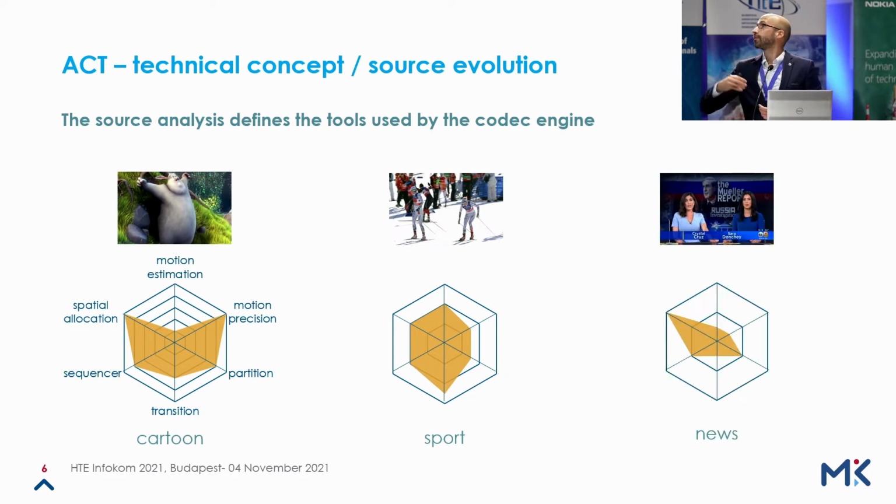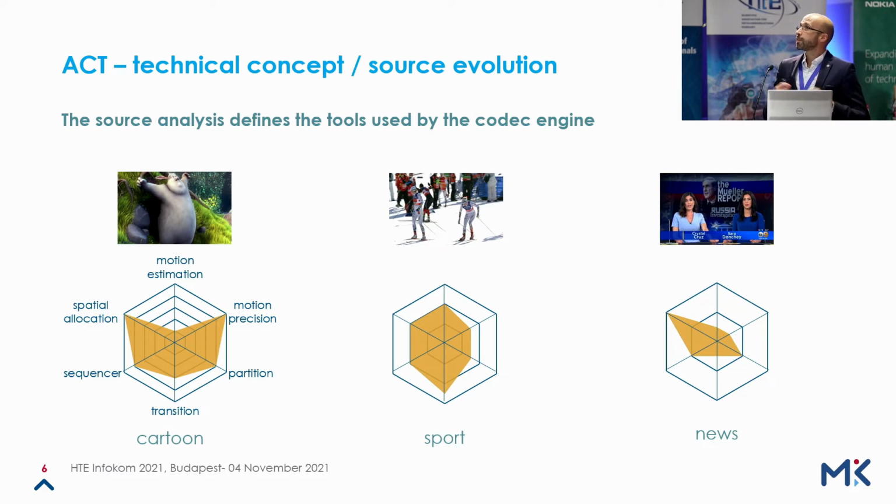If you look, again, at different content like news, in this case you barely have any transitions. You have very little motion, but you are very aware of the spatial allocation. Everything that degrades the edges in the text and everything will become very apparent and very annoying for the viewer.